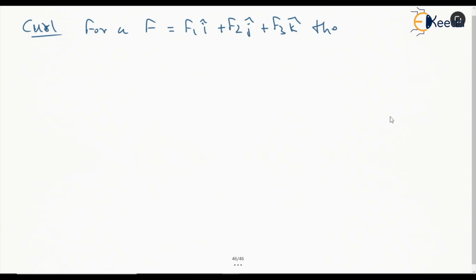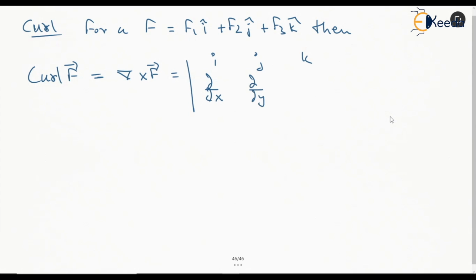Then curl F, which is also given as del cross F, is nothing but the determinant with i, j, k, d/dx, d/dy, d/dz, and F1, F2 and F3. So it is found for a vector field, and it is itself a vector field.